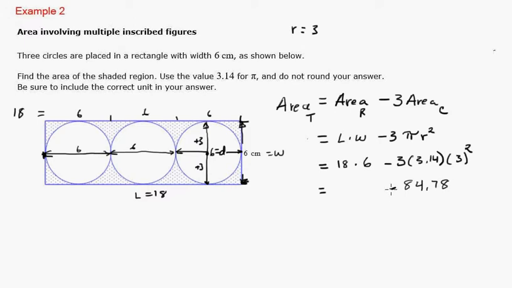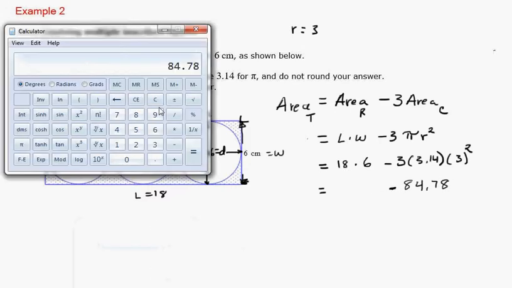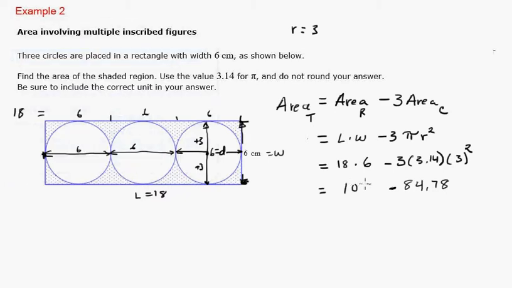Okay, and then 6 times 18 equals 108. So the rectangle is 108 square centimeters, and all three circles is 84.78 square centimeters.